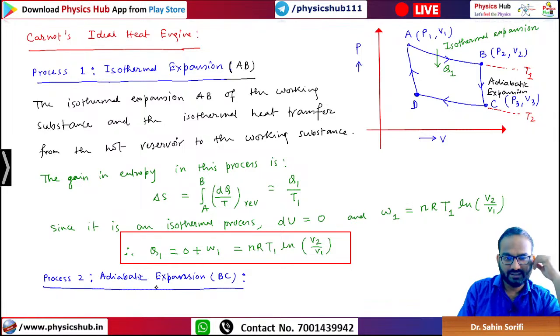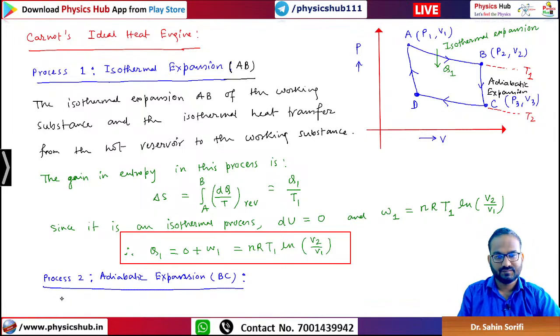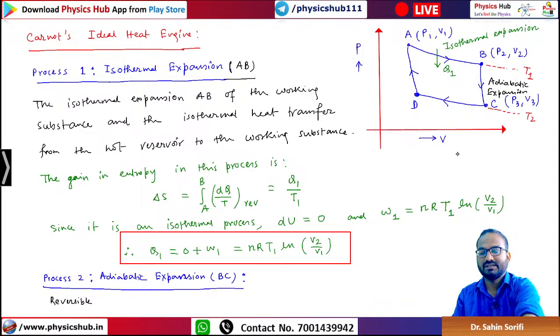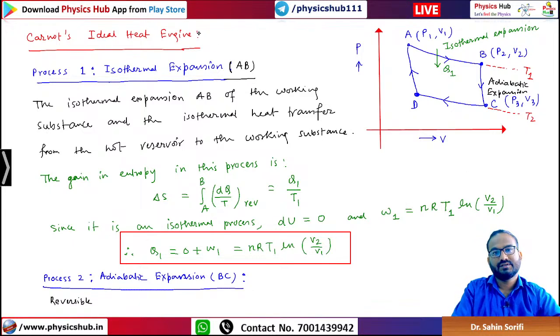So what is happening in adiabatic expansion? This is a reversible engine, okay? Carnot's ideal heat engine, we can say that it is a reversible engine.